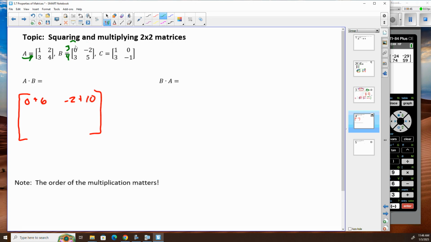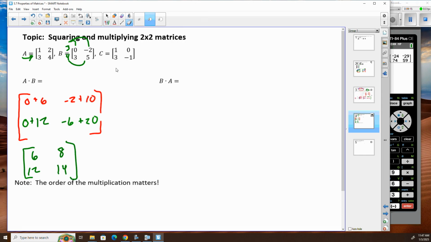So 3 times 0 is 0, plus 4 times 3, which is 12. And then I'm going to go 3 times -2, which is -6, plus 4 times 5, which is 20. And then adding the terms together, I get 6, 8, 12, and 14.